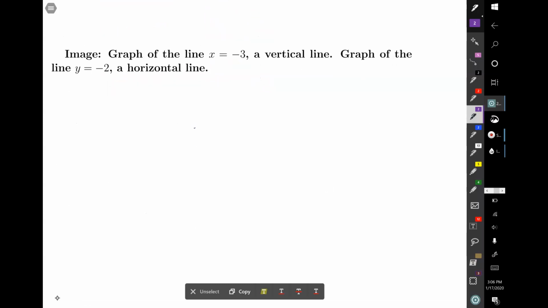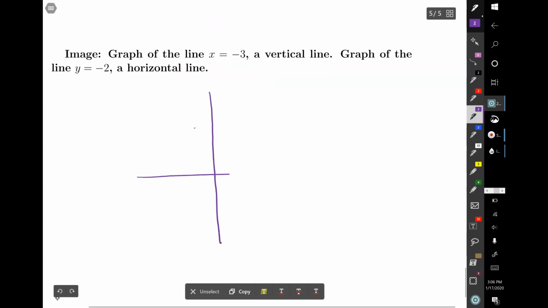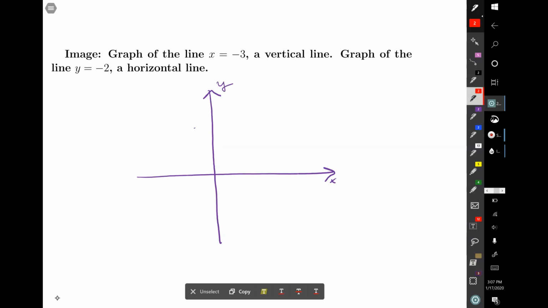And here's a little graph I'm going to draw for you, just as an image. If I were to graph these 2 lines, x equals -3 is a vertical line and y equals -2 is a horizontal line. I'm just going to sketch where they go. So -3 for x would be a few units to the left.